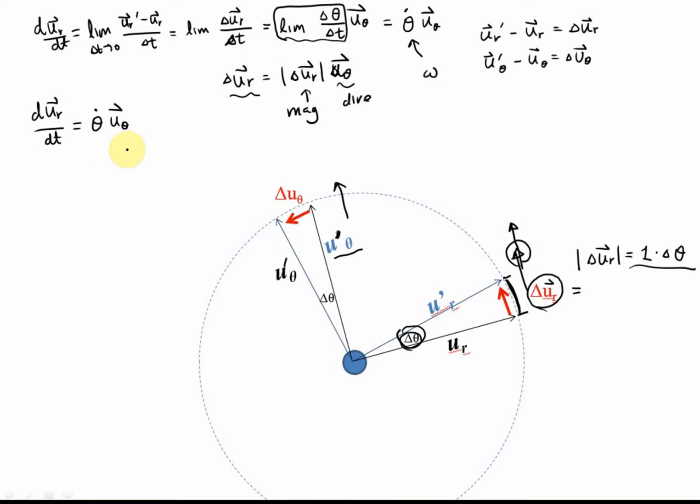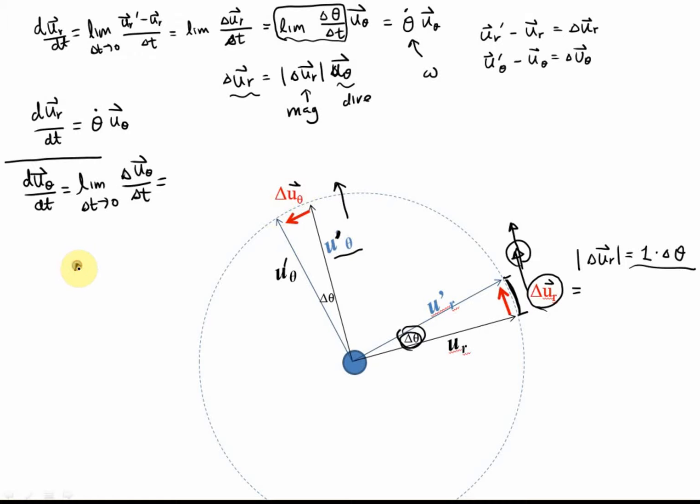While we work on this one, let me try to get d u theta over dt. So what is d u theta over dt? Let's try to get this one too. This is the limit as delta t goes to 0 of delta u theta over delta t. And what is delta u theta?